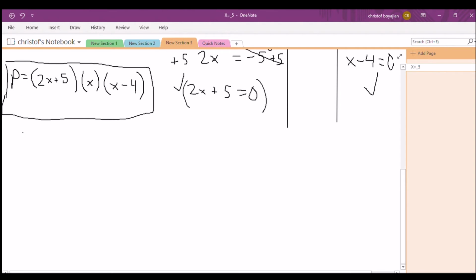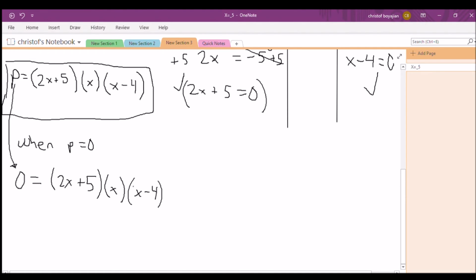So p is equal to whatever we have on the right side. I'll rewrite this: 2x plus 5, x, x minus 4.